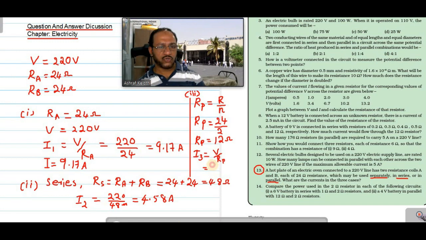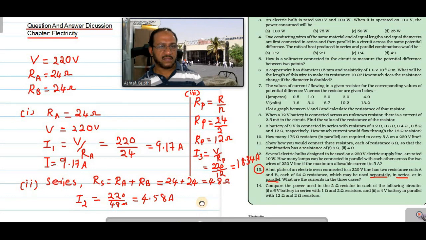That is 220, the supply voltage is always 220, divided by Rp, 12 ohm only. It will be double of this, because 24 is here and here only 12 is there. So 18.34 ampere. So we got the final answers in the three different situations.